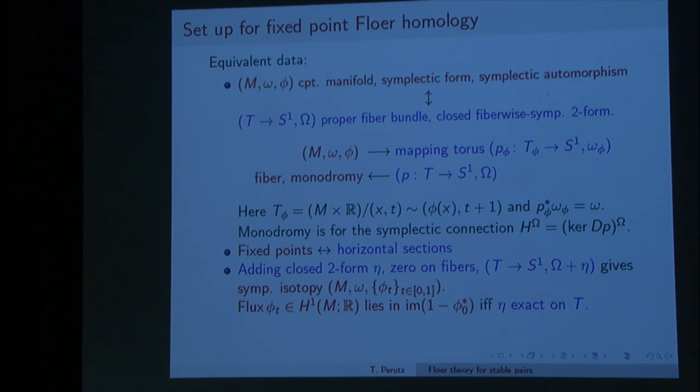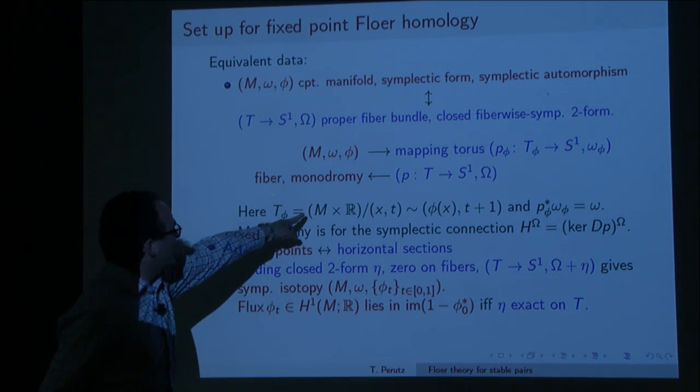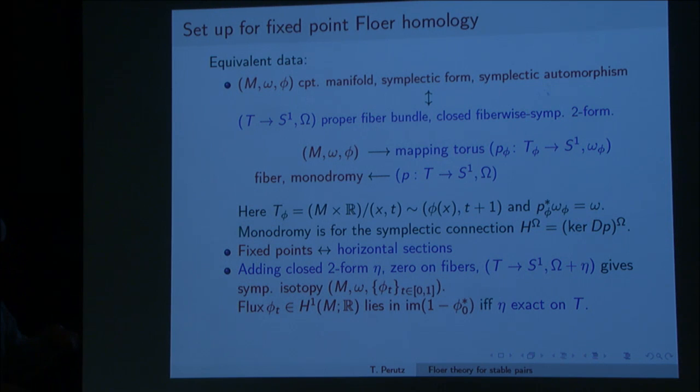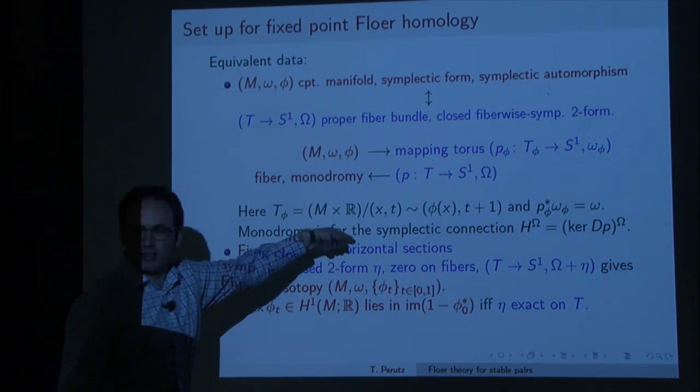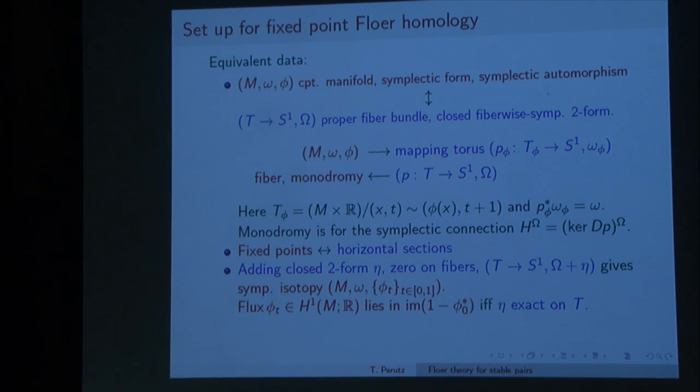The way that this correspondence goes is as follows. If you're given this symplectic automorphism, you form its mapping torus, T phi. That's the quotient of M cross R where you wrap it around and force the monodromy to be phi, and this closed and fiber-wise symplectic two-form omega sub phi, which is characterized by saying that up on M cross R, it's the pullback of omega.